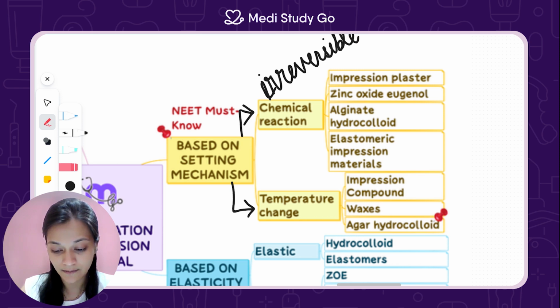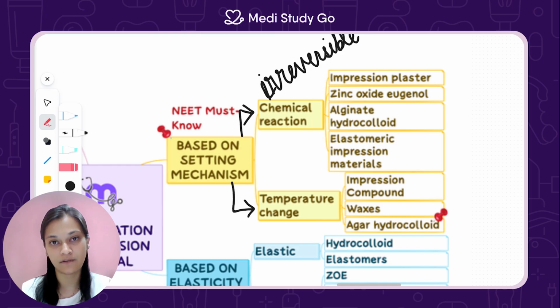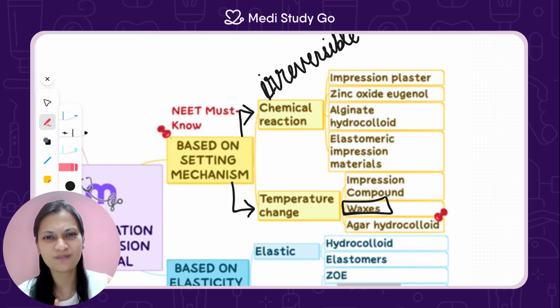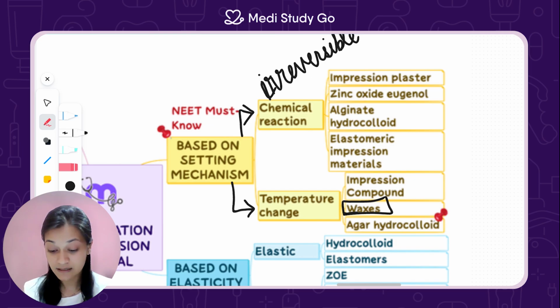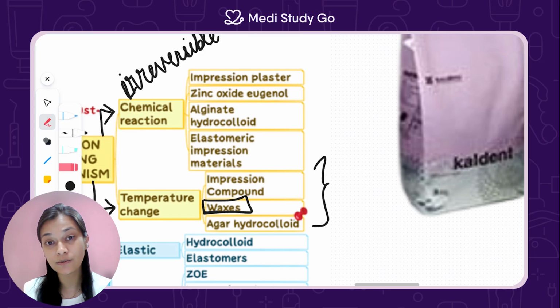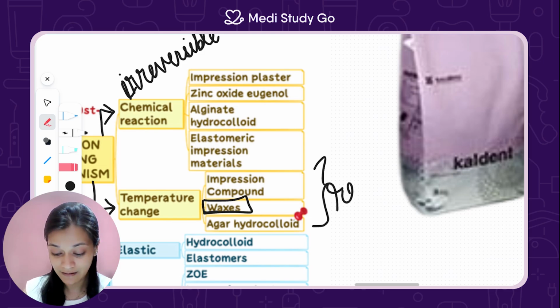At the same time, if there is temperature being involved, so you can guess, right? Wax. You would have used candles. It melts when the temperature rises and then it comes back to its original shape when it cools. So materials that set actually due to temperature change are reversible in nature.